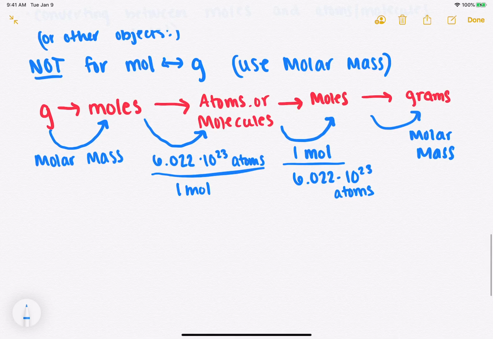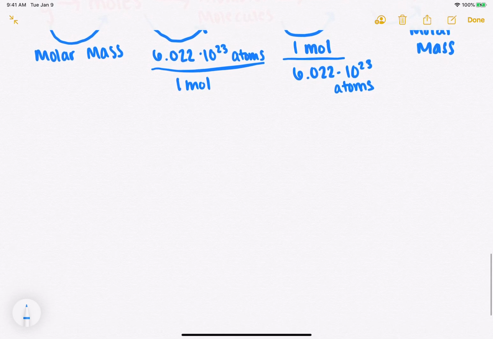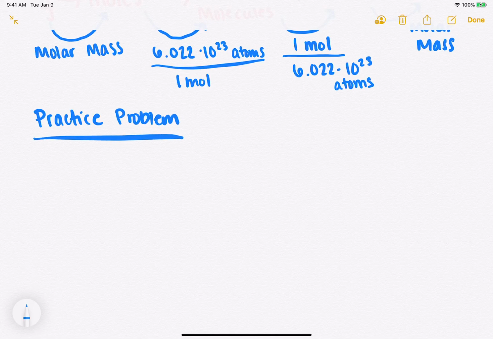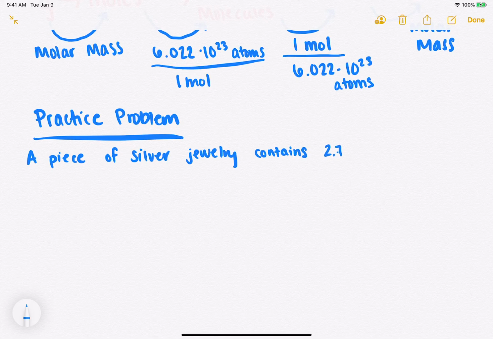So let's do an example of this. So here's our practice problem. A piece of silver jewelry contains 2.71 grams of silver.